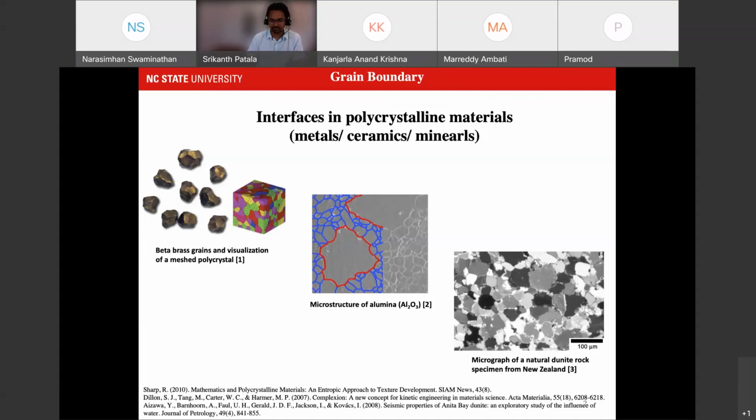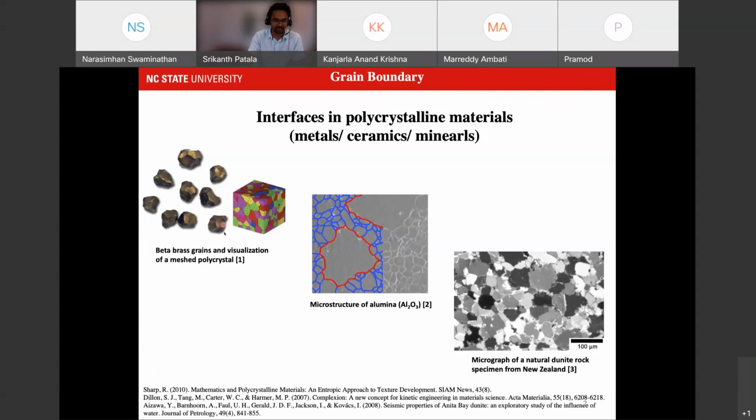Interfaces show up in many of these higher length scale simulations, and we use certain estimated or approximate properties for these interfaces. Interfaces are basically defects that are present in most engineering materials, which tend to be polycrystalline. These are basically two-dimensional defects that occur within polycrystalline materials.